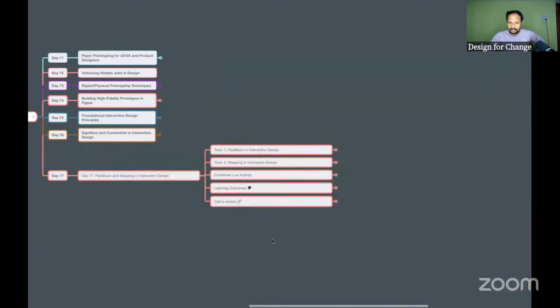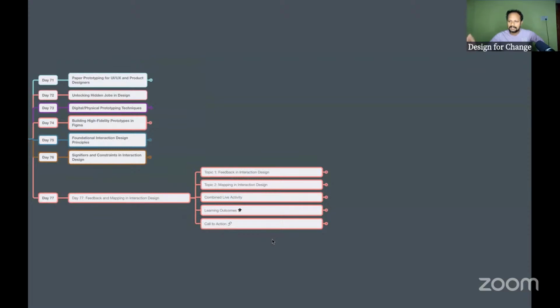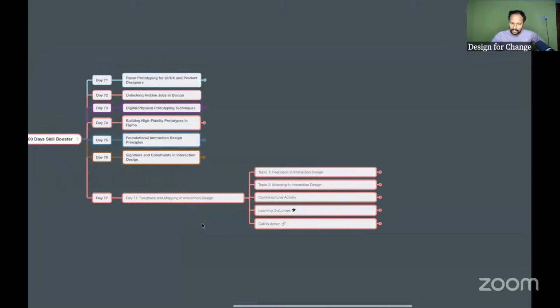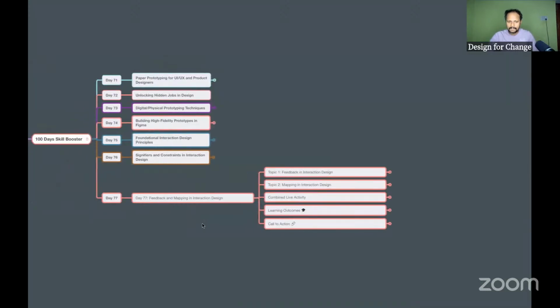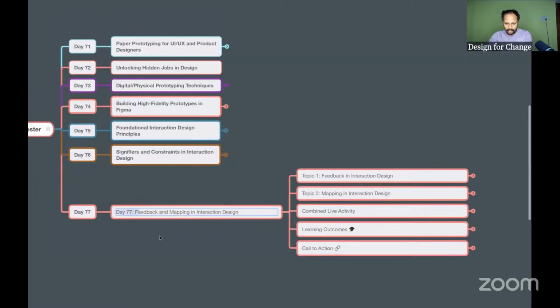The only place where the designer really gets different is by applying these consciously. Accessibility is an additional term. Inclusivity is an additional term. Let's talk about the basics. We can definitely do accessibility based on the context, but you need to go in this order. Great, thank you for reminding. So today we are going to see something called feedback and mapping.